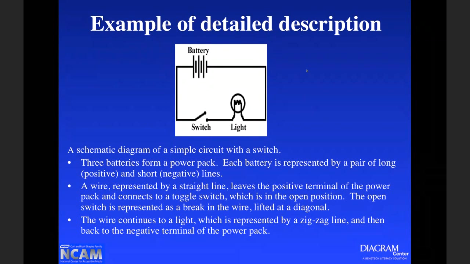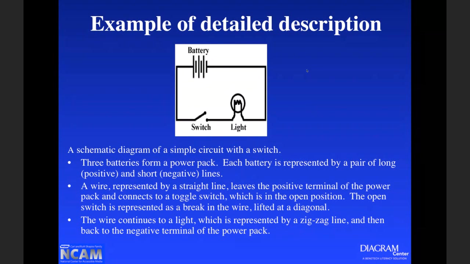The battery does have long and short lines, but the describer, or the person writing the alt text, has decided to add, in addition, for example, in the second bullet, they say the open switch is represented as a break in the wire lifted as a diagonal.